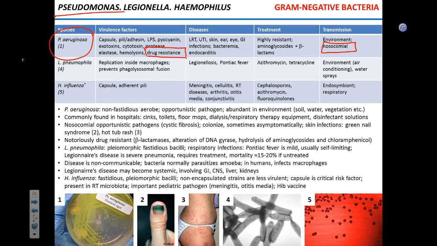Pseudomonas is notoriously drug resistant. It's resistant to virtually anything, okay? Largely due to the fact that it's one of the main opportunistic pathogens in patients with cystic fibrosis. For a long time, if the patient with cystic fibrosis would test positive for Pseudomonas aeruginosa, this patient would be put on broad-spectrum antibiotics immediately.